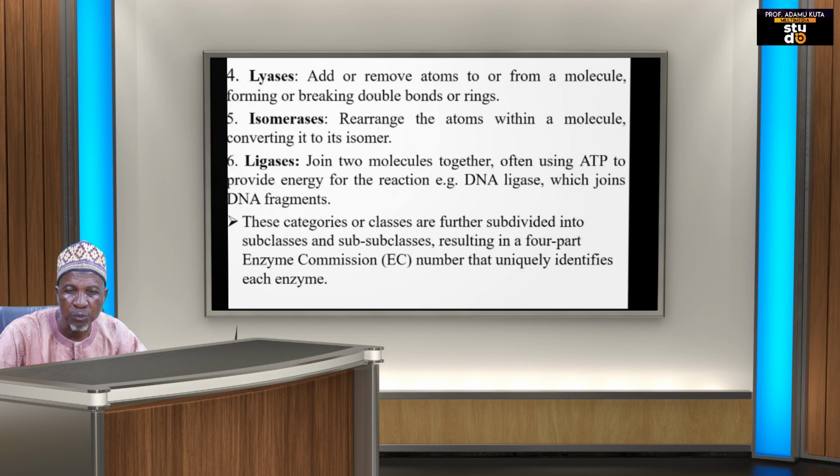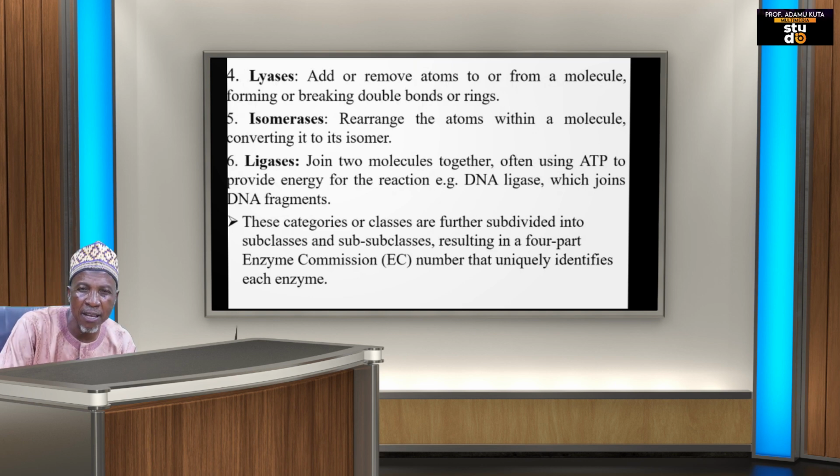through formation of bonds. So these categories or classes are further subdivided into subclasses, like I mentioned. Every class has a subclass, and every subclass has a subclass, which results in a 4-part enzyme commission number. Every enzyme you see has 4 digits representing class, subclass, and sub-subclass.